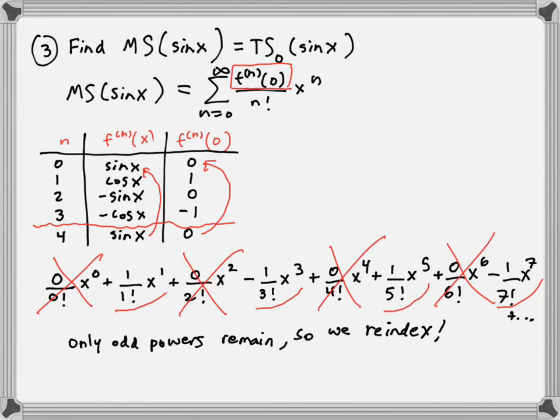What's left is the following. 1 over 1 factorial x to the first minus 1 over 3 factorial x cubed plus 1 over 5 factorial x to the 5th minus 1 over 7 factorial x to the 7th. So this is our pattern, right? So let's go ahead and turn that into sigma notation here.